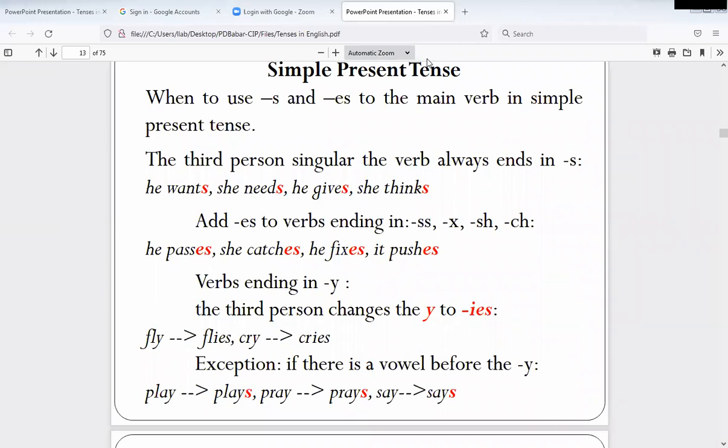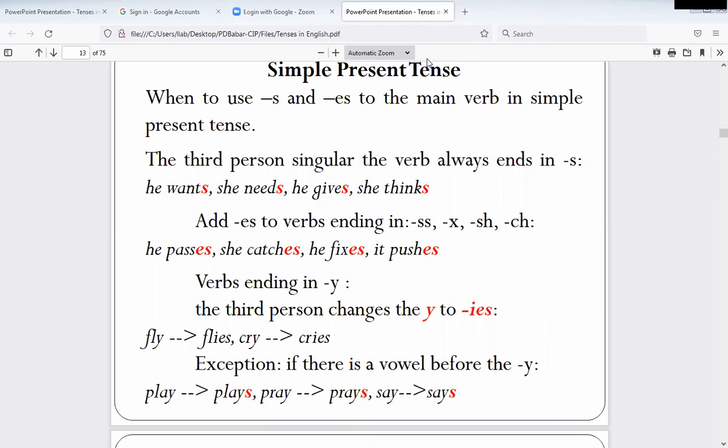So the verbs like play, pray, or say are verbs which have a vowel before the y, like a.